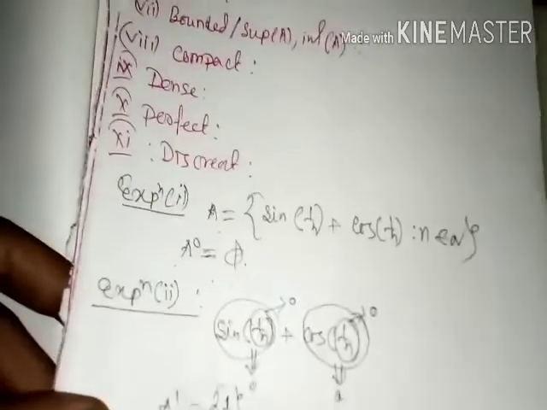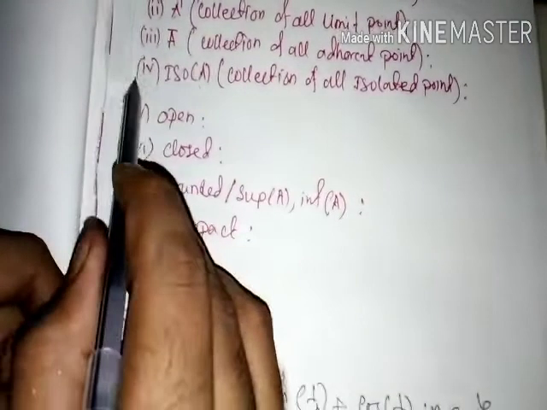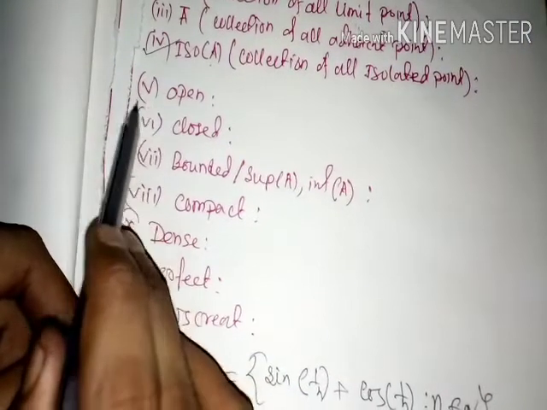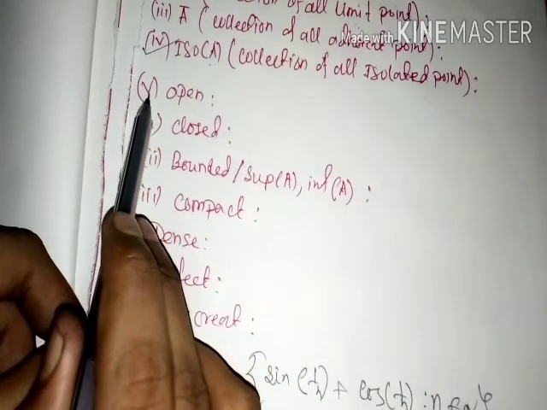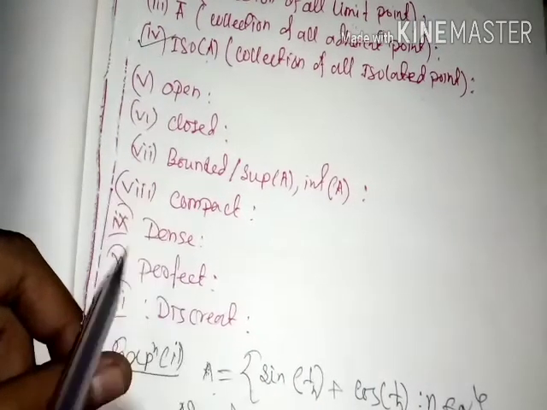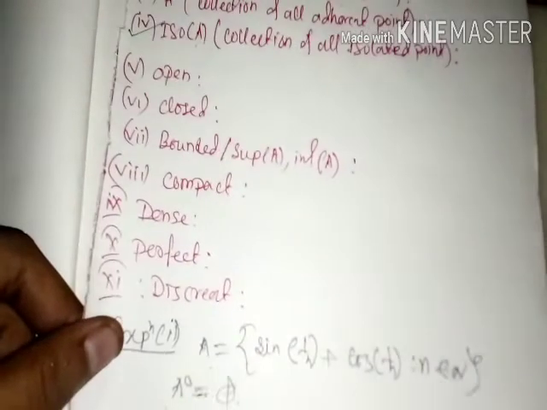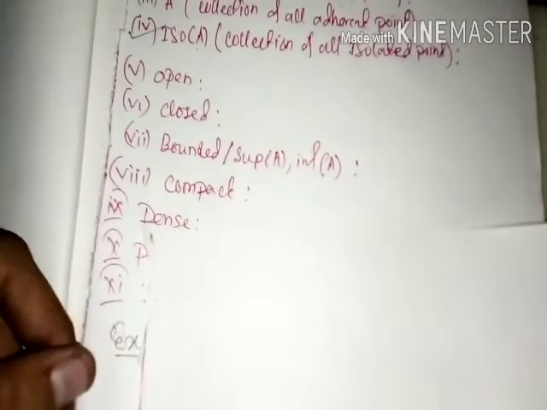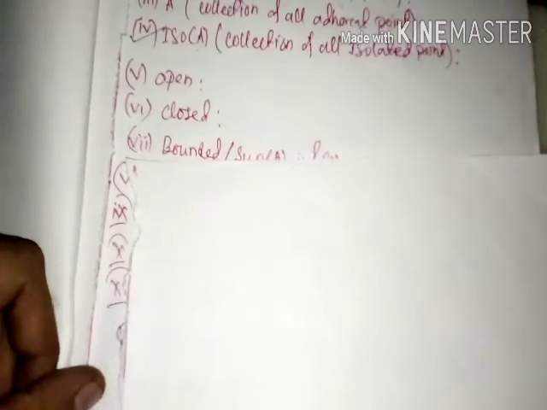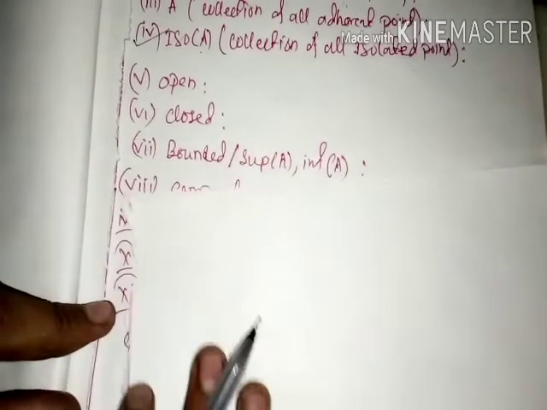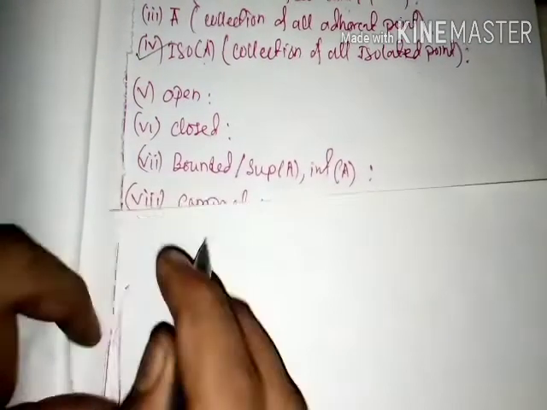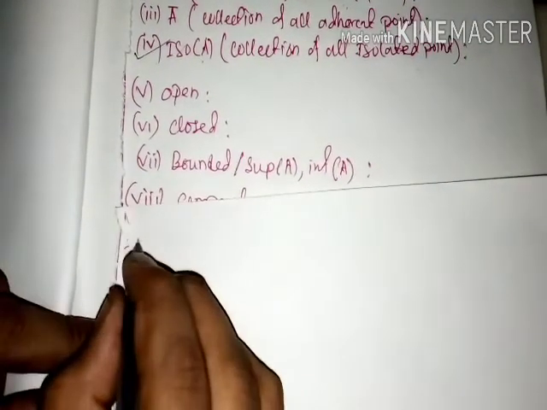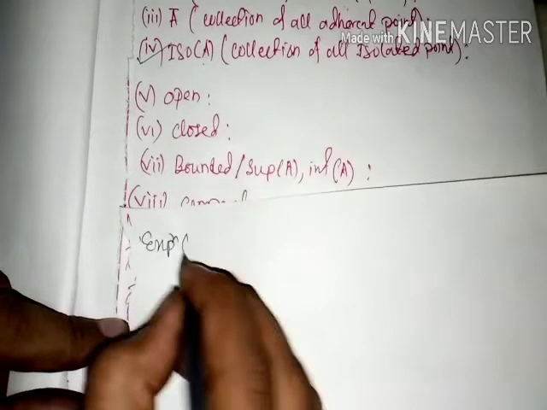Now we verify whether this set A is open or not. To check it, we first have to know a result. What is the result? Explanation of option 5.